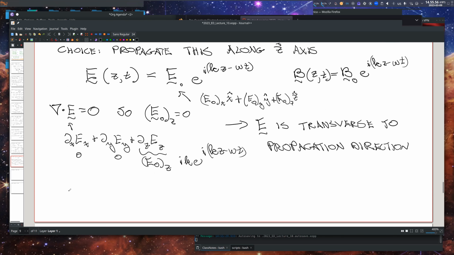So similarly, div B equal to 0, the no-name law, tells us that B is also transverse. Same thing. There's no z component in the B. Therefore, if my wave's going this way, my E and B fields have to be in the plane perpendicular to the direction of propagation.